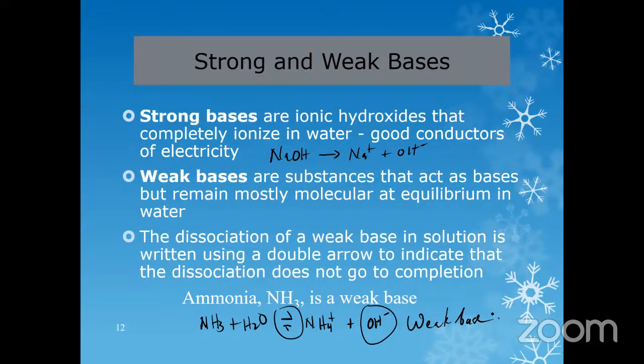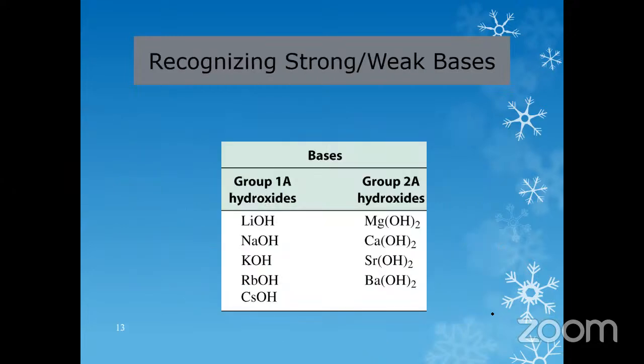This is easier than the table I gave you to memorize for acids. Pretty much all hydroxides of group 1 and 2 are strong bases. Any other base you may encounter, you can consider to be a weak base, all right? So all hydroxides of group 1A and 2A, you need to memorize as strong bases, and any other bases you can consider to be weak.